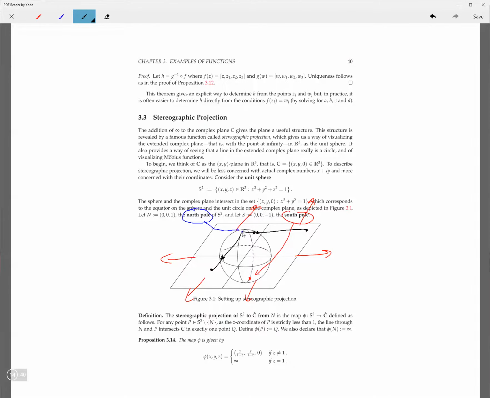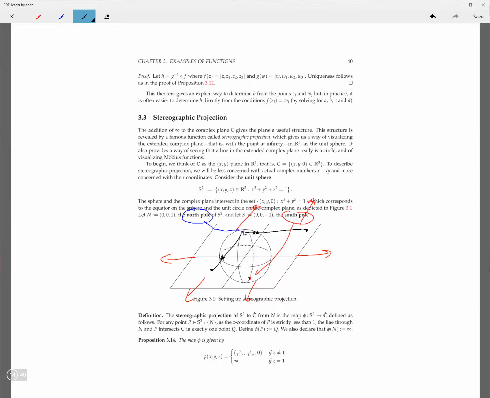And then if you draw straight down, that's just going to be the South Pole, and it's going to intersect right here. So every single point in the complex plane is associated with a point on the sphere. The North Pole, though, is not associated with any point in the complex plane.